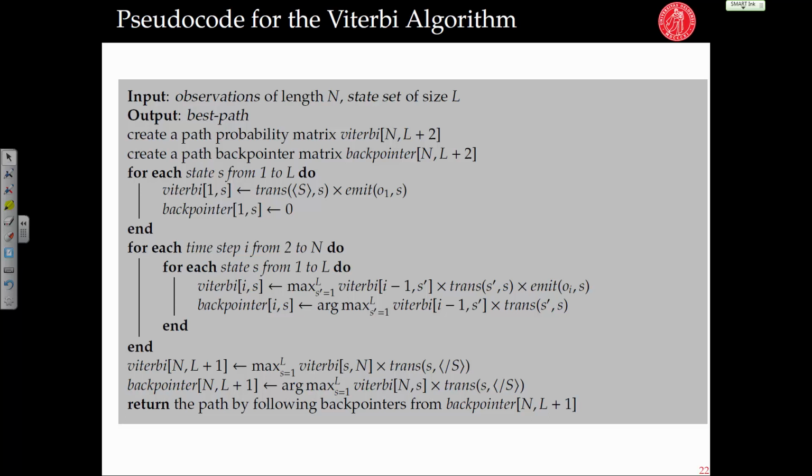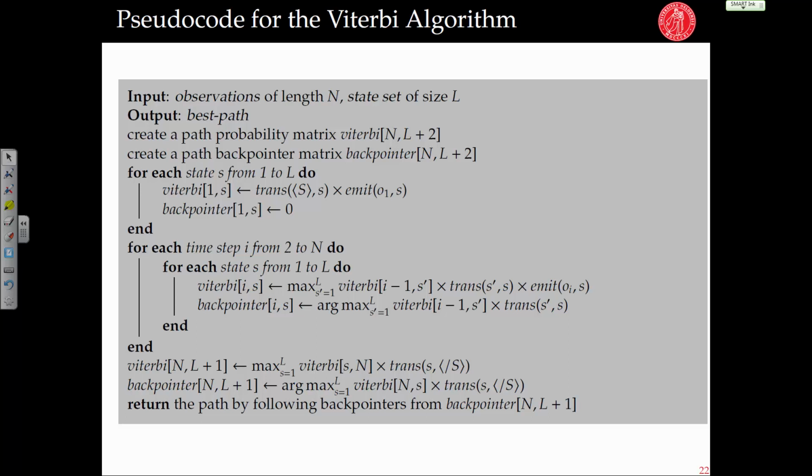One keeps the Viterbi values, the V values that we just introduced, and this matrix has a dimension of N, being the length of the observation sequence, and L plus 2, the number of states plus the start and end symbols. So you have 45 tags, plus 2 for the start of sequence and end of sequence symbols. You also keep the back pointer to the solution in a matrix of similar dimensions.